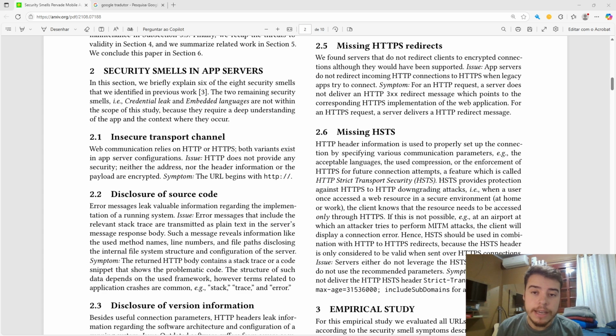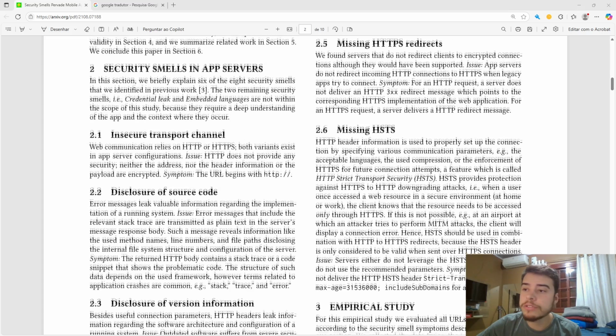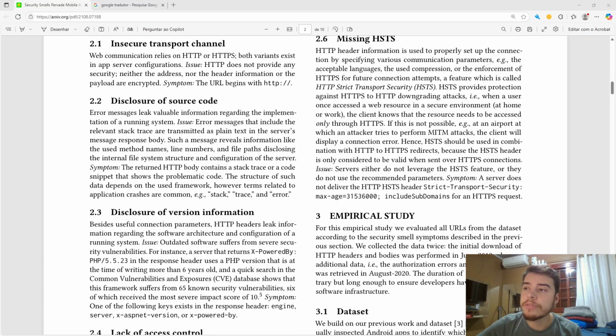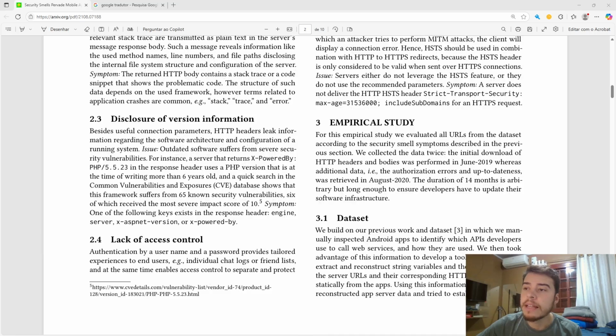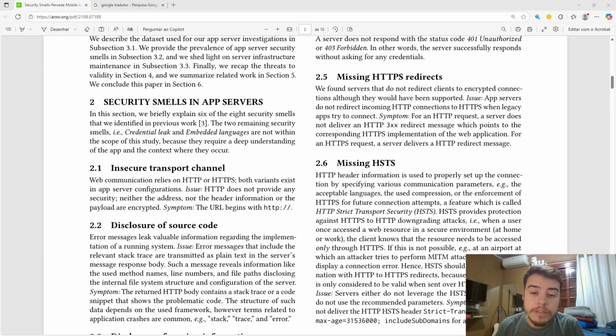The idea of this paper is to understand the prevalence of security smells in mobile applications. They classify the security smells into some categories that we can see here: insecure transport channel, disclosure of source code, disclosure of version information, and lack of access control. A security smell is a bad practice that was not implemented the right way.